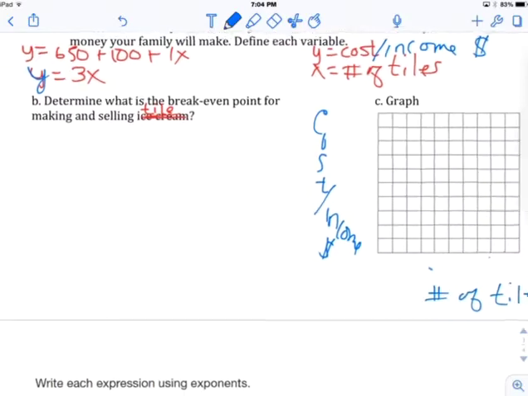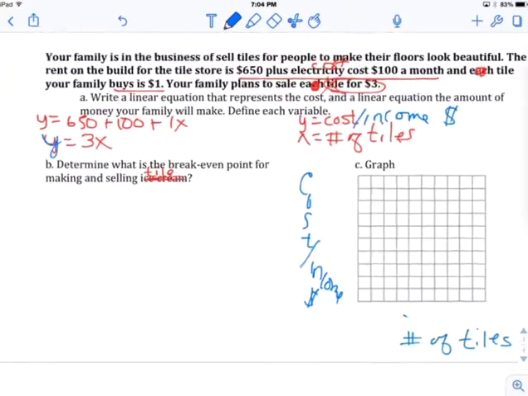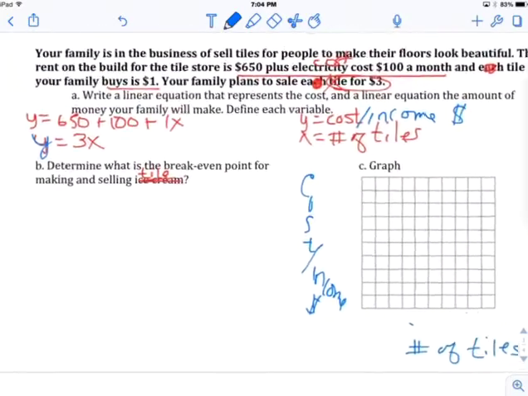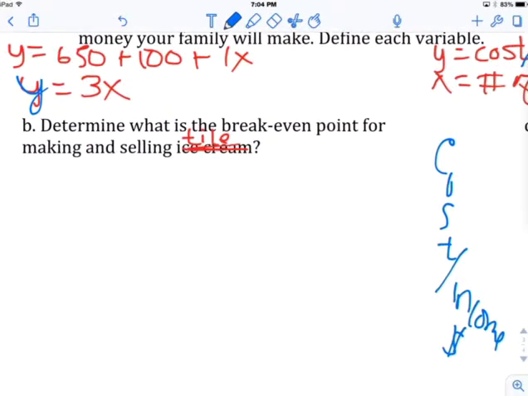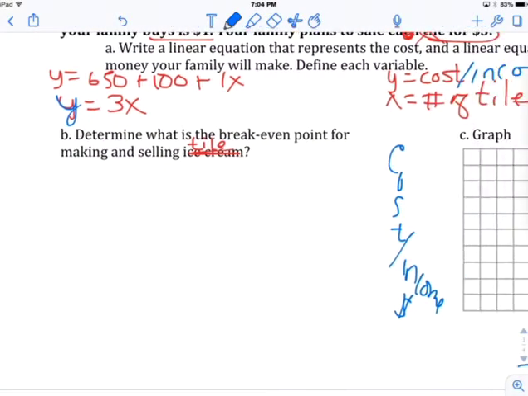Determine the break-even point for making and selling the tiles. The cost formula is this. The income is that, so we can use substitution.